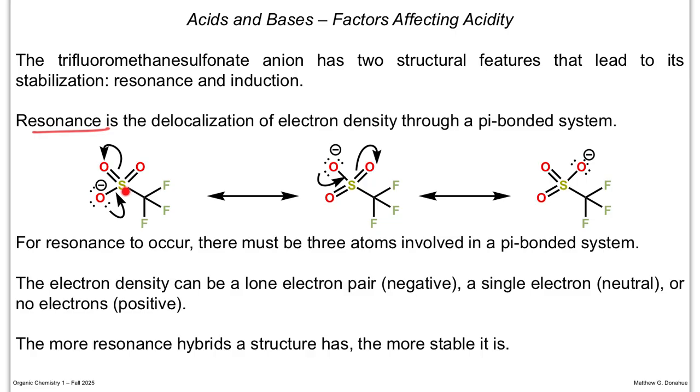But because sulfur has a higher valency with these other SO double bonds, we can delocalize that lone pair onto either of those other oxygens. So rather than just one oxygen being unhappy, misery loves company, and it gets spread around to the other two. So that stabilizes the conjugate base, and then by inference, it's making the acid stronger.